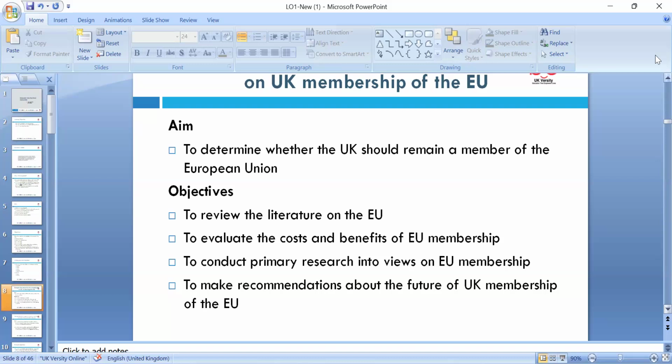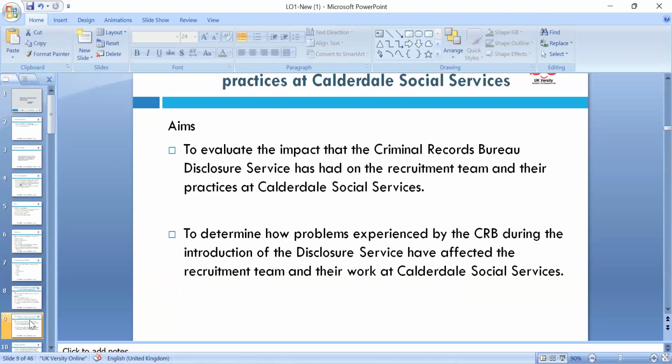If we are introducing a new training system in our organization, we can explore the cost and benefit of the training system, from an HR operational efficiency point of view. You may want to give more training to staff, or you may want a new IT system, so that can be a research topic on how it will improve operational efficiency. Or evaluate the impact of the criminal record bureau, like the DBS criminal record check we have for individuals when we recruit. What are the benefits of that?